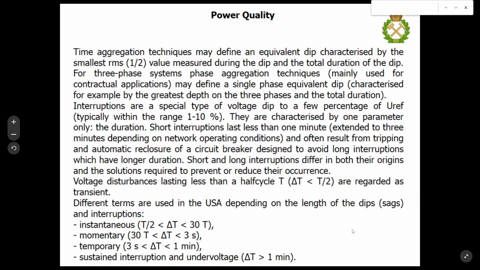And also we can have some types of interruptions: instantaneous, momentary, temporary, and sustained interruptions and over voltages of different duration.